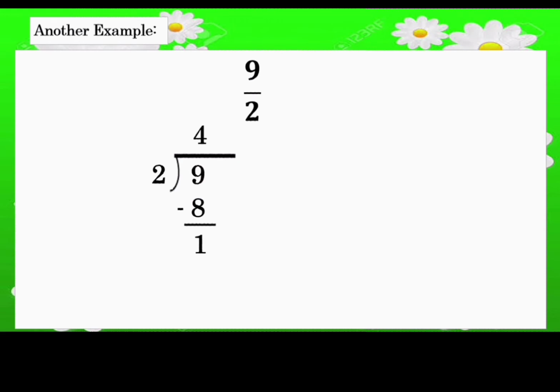Since we cannot divide 1 by 2, 1 will be our remainder. To write it as a mixed number, 4 is our whole number, 1 is our numerator, and 2 is our denominator. Therefore, 9/2 is equal to 4 and 1/2.